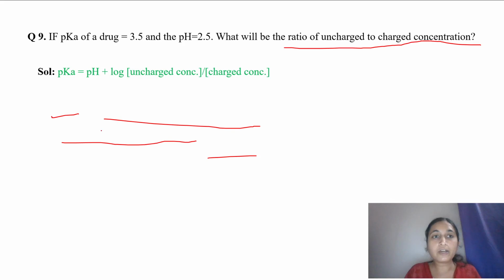You all know this formula: pKa equals pH plus log uncharged concentration upon charged concentration. This is the Henderson-Helmholtz equation. If they ask about the charged upon uncharged ratio, then you can put a minus here.